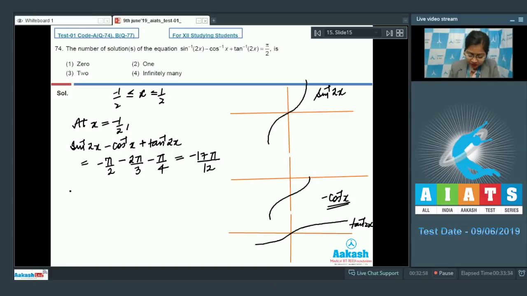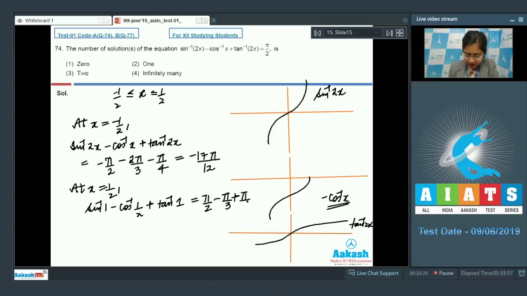Also the maximum value will be obtained at x equal to half. That will be equal to sin inverse 1 minus cos inverse half plus tan inverse 1, that is pi by 2 minus pi by 3 plus pi by 4, which is equal to 5 pi by 12.